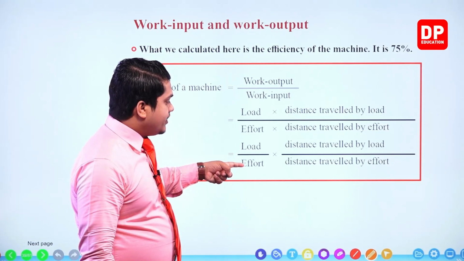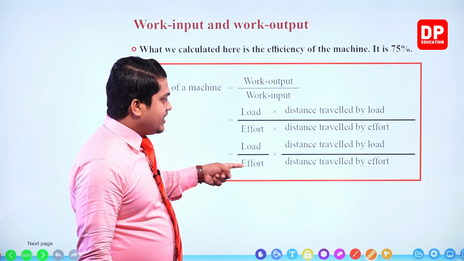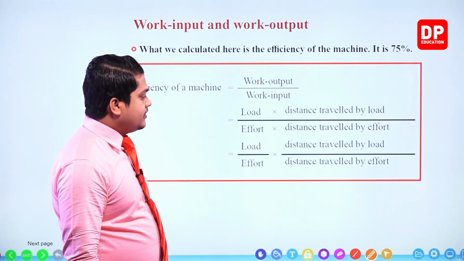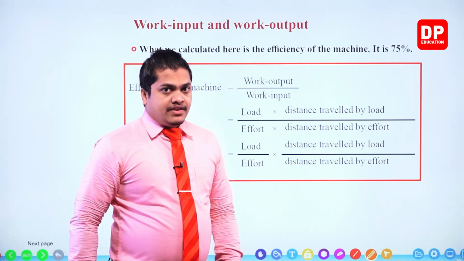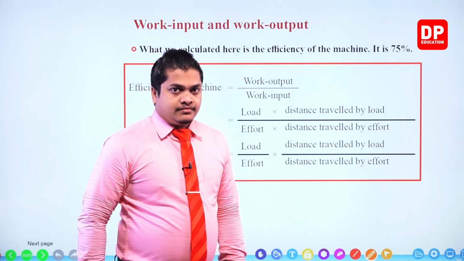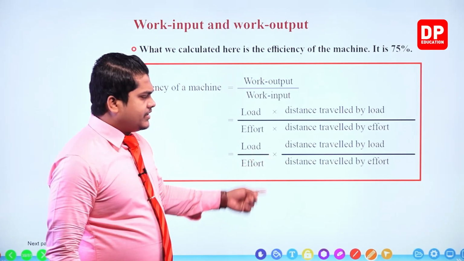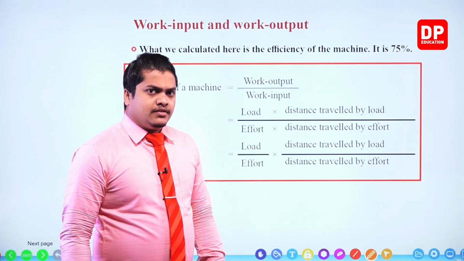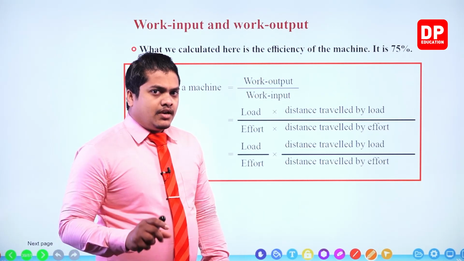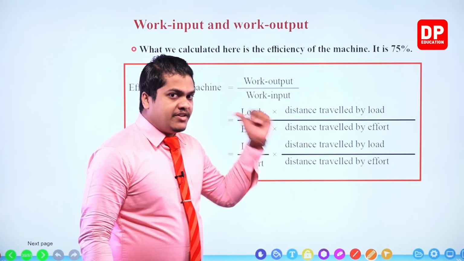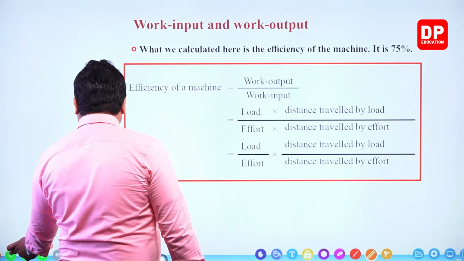When you separate into two like this, you get an idea here: load over effort, times distance traveled by the load over distance traveled by the effort. Can you remember these two? Let me take you to the previous slides once again.